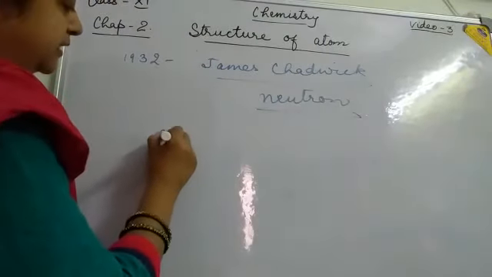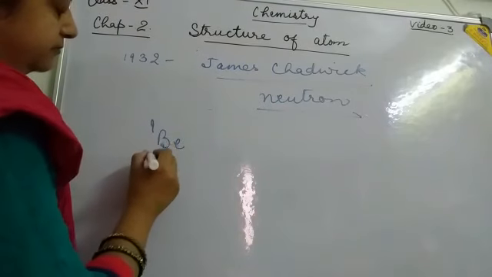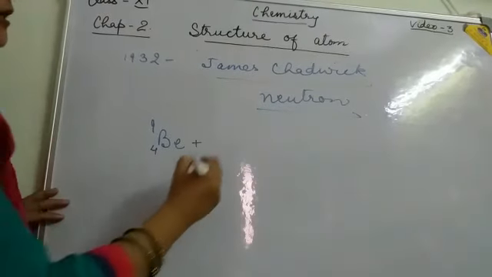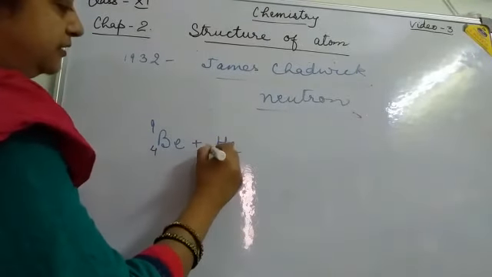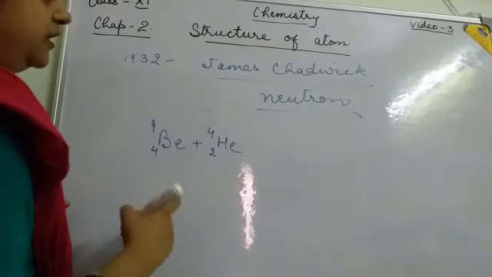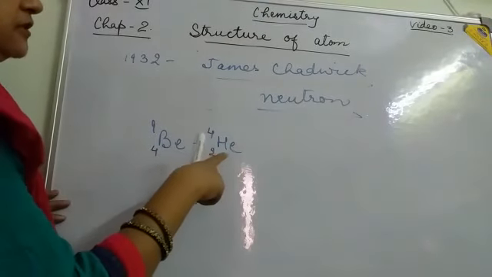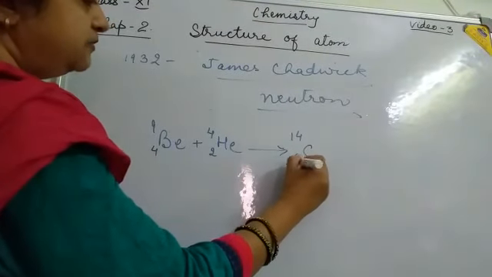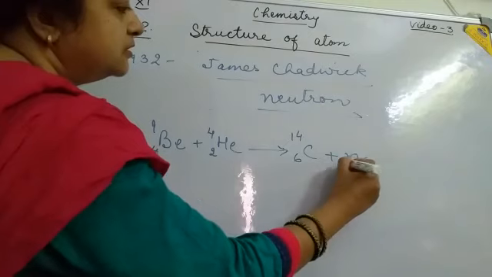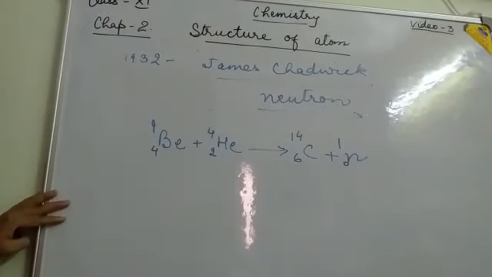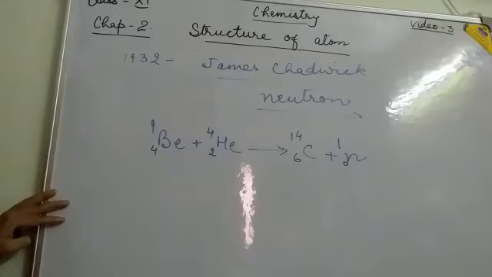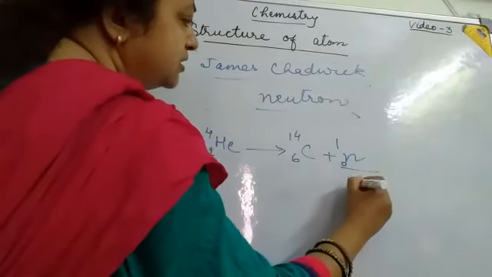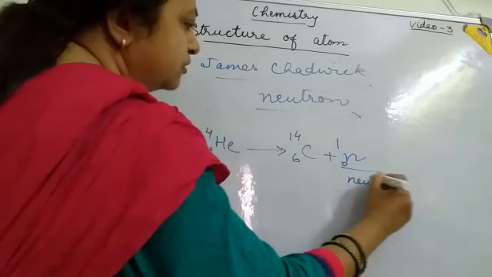He bombarded beryllium with alpha particles, meaning helium nuclei. When he bombarded beryllium metal with alpha particles, carbon-12 is formed along with a neutral particle, called neutron.